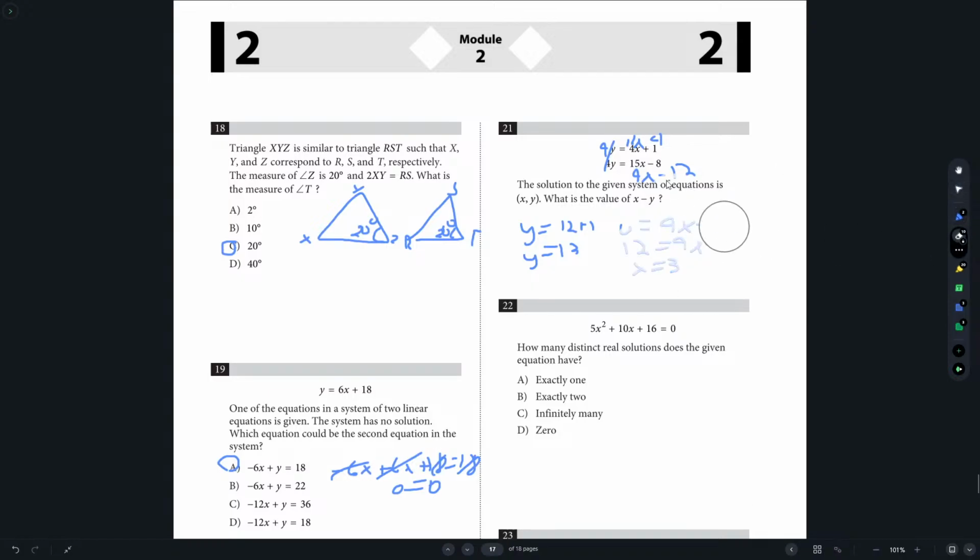Let's go back. I feel like I skipped some steps, and that's why I'm not figuring this one out.